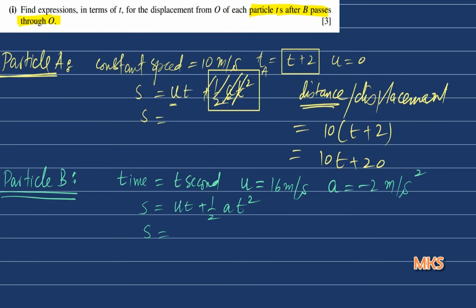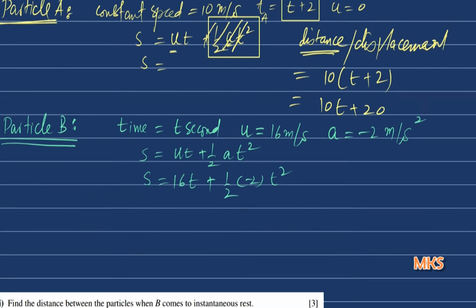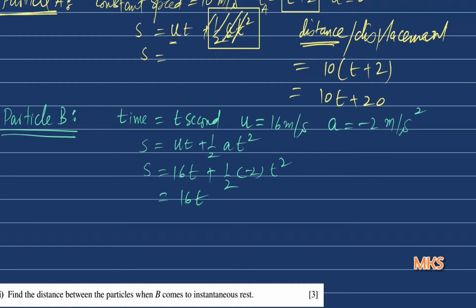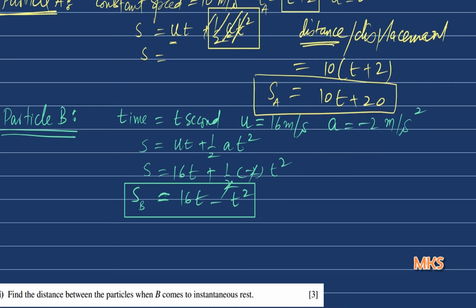So S is equal to 16t plus half into minus 2 t square. So that will be 16t minus t square. This is the expression for displacement for B, and this was the expression for the displacement of A. This is the first part.